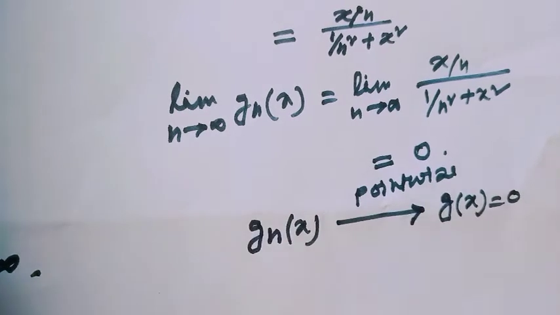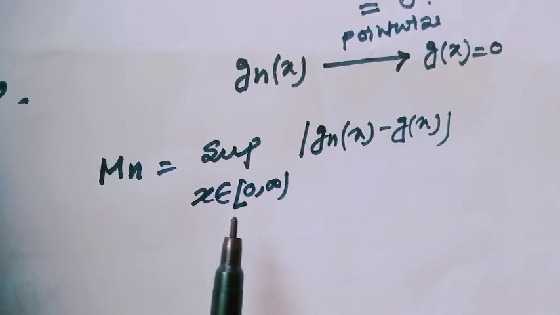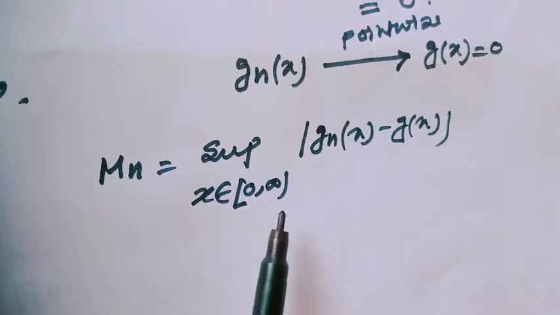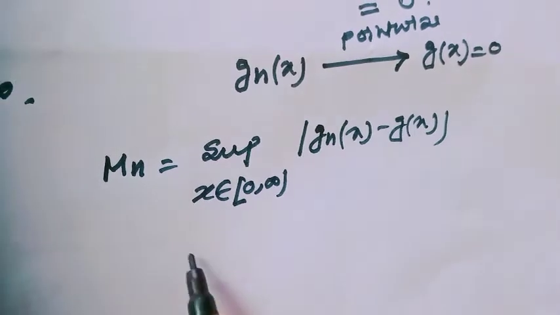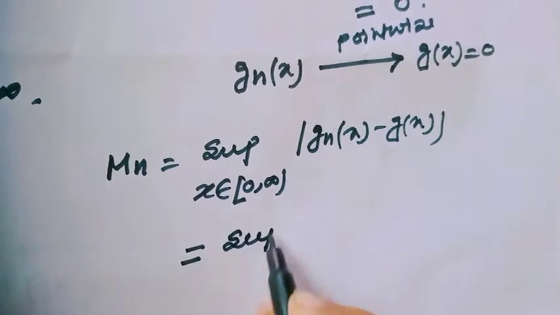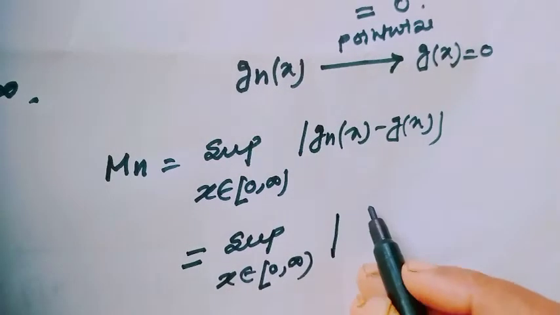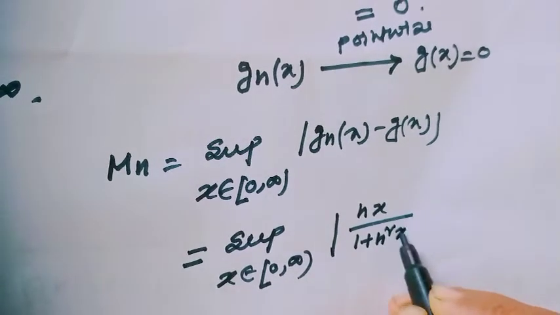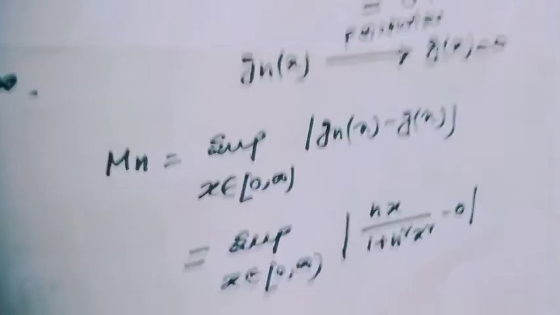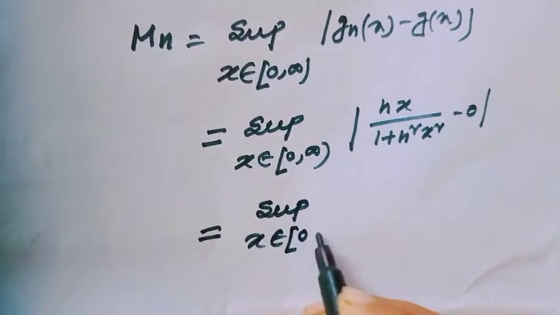Let's see. To find the uniform convergence, I will apply the Mn test where Mn equal to supremum over x belongs to [0, infinity) of the absolute value of g_n(x) minus g(x). This is equal to supremum of nx over 1 plus n square x square minus 0.